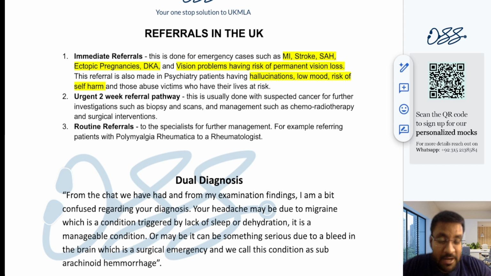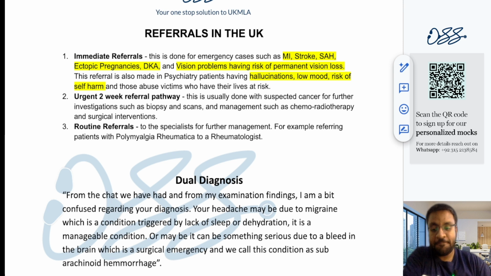If you don't admit these patients, and they end up killing themselves or harming someone else, then a lot of issues may come up, and a lot of questions would be raised on your safety as a doctor. So identify these red flags in psychiatry and make sure that you admit these patients.